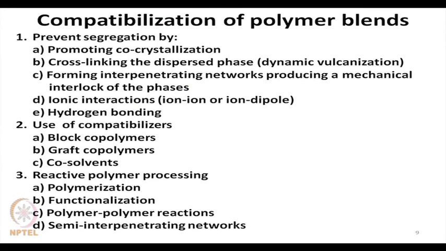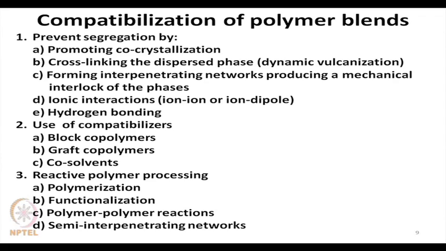Next is hydrogen bonding. It is a secondary interaction. Through secondary interaction, hydrogen bonding, one can prevent the segregation of the component polymers.